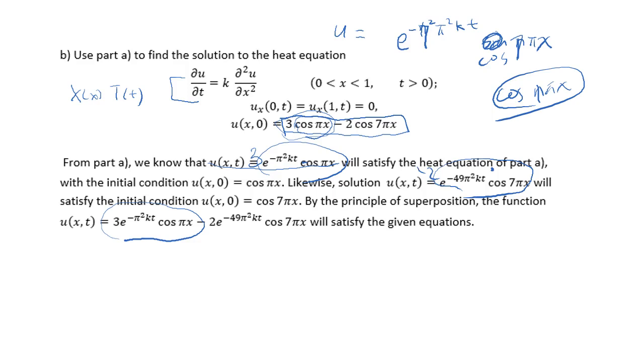Adding the two will make the function satisfy u(x,0) equals exactly 3 cosine pi x minus 2 cosine 7 pi x. And you can check that because these are individually solutions of the first two, taking the linear combinations will still satisfy the first two. So this here is a solution that satisfies 1, 2, 3, all of them.